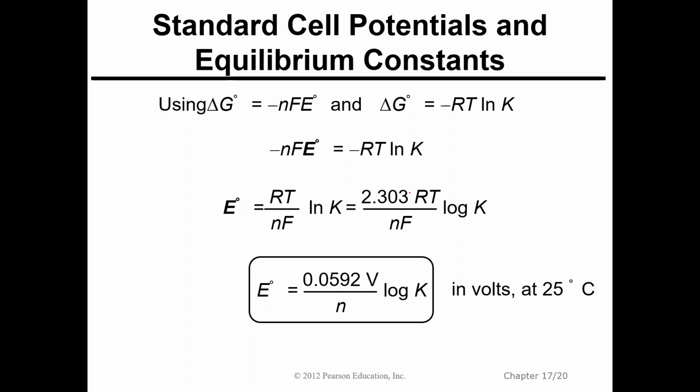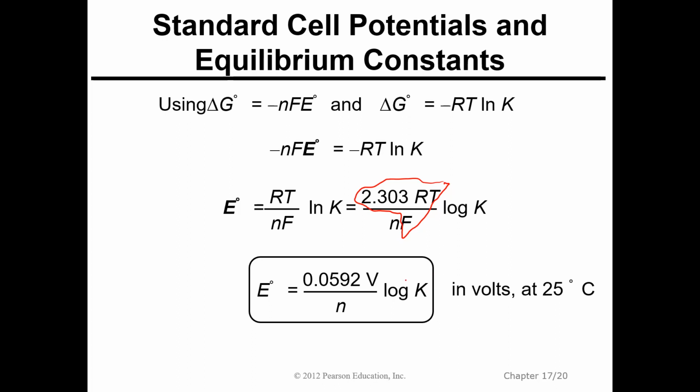And we come up with that the standard cell potential is equal to 2.303 RT over NF times the log of K. Or if we want to get rid of this whole factor here, we just establish that that reduces to 0.0592. So the standard cell potential is equal to 0.0592 volts over N times the log of K.